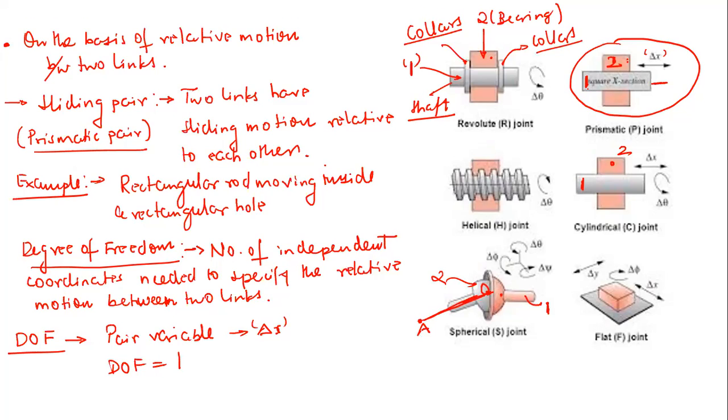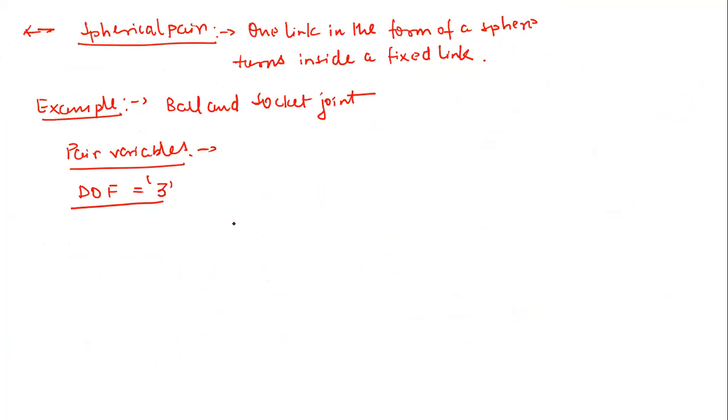So in this case, what is going to happen if you take a Cartesian coordinate system? If you observe this delta phi and delta psi, very important, generally they represent the position of axis OA. And now this delta theta.